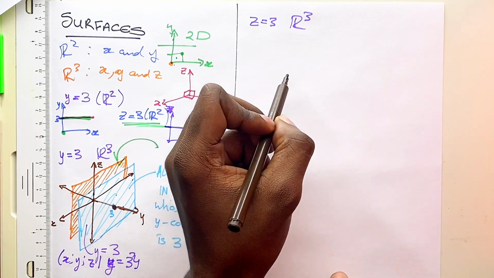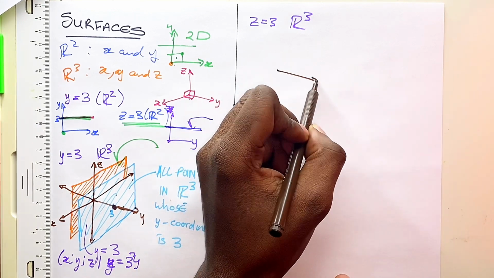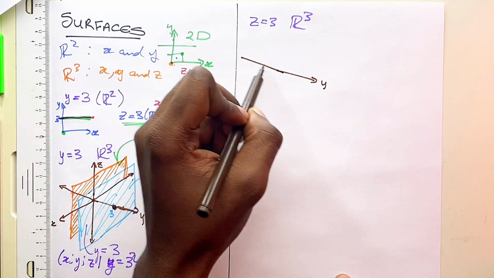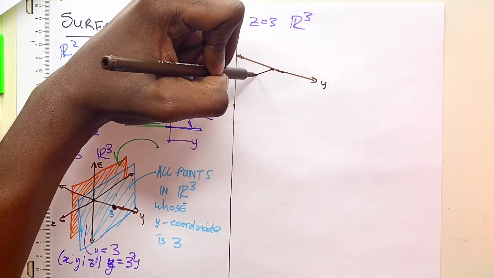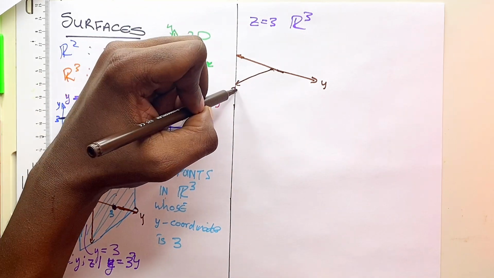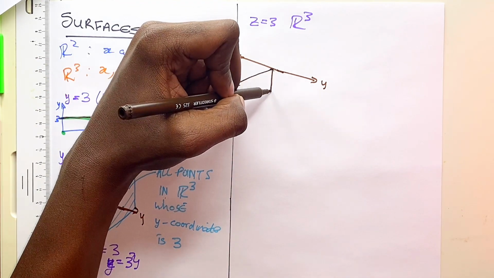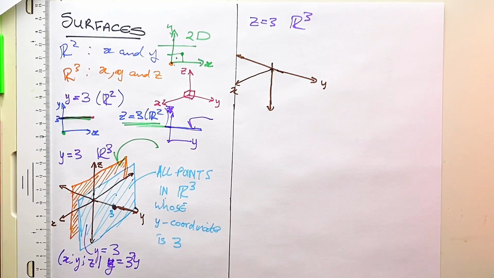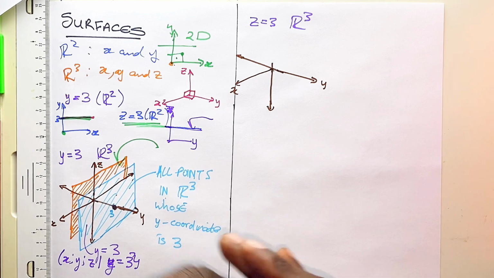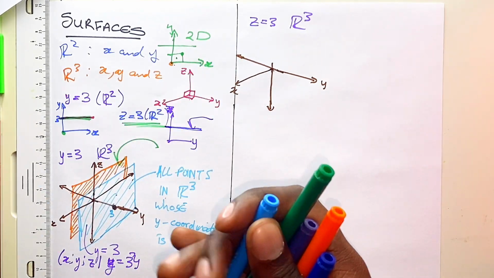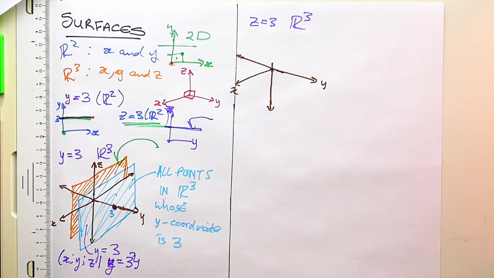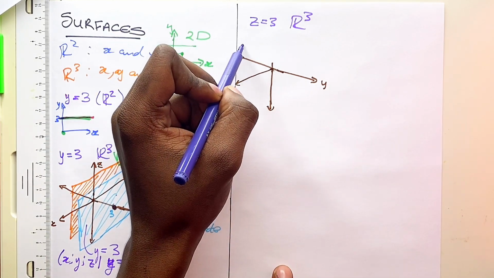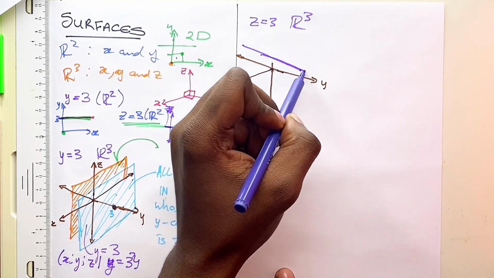So I'm going to draw my y-axis. Let me extend them. Draw my x, and then I have my z. Now my z goes up, but I want to do something here. Since z is equal to 3, it will be a surface that hovers around somewhere here. So it will go like this.